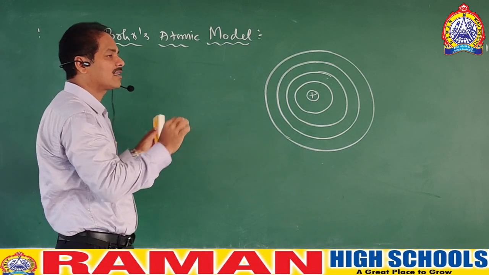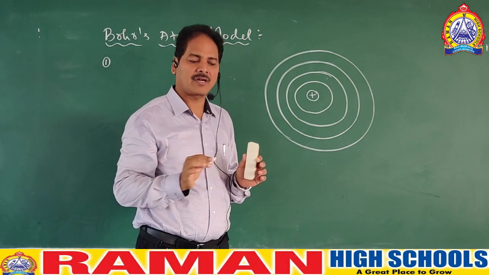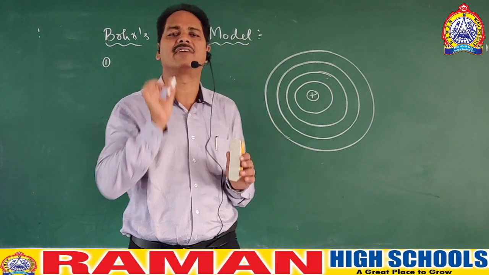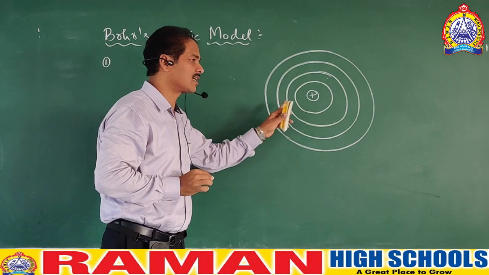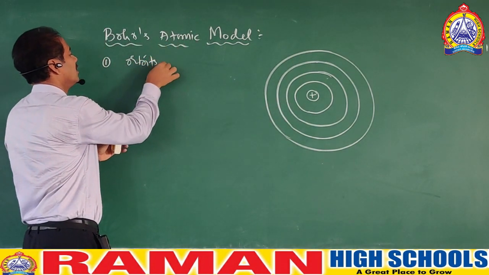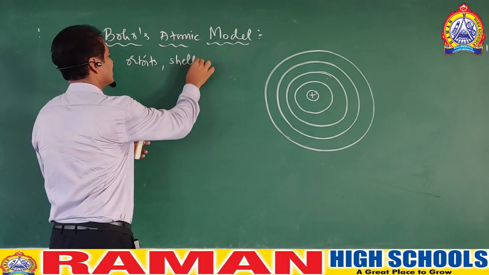Once again, electrons in the atom revolve around the nucleus in definite circular paths with high velocity. These paths are called orbits or shells or energy levels.